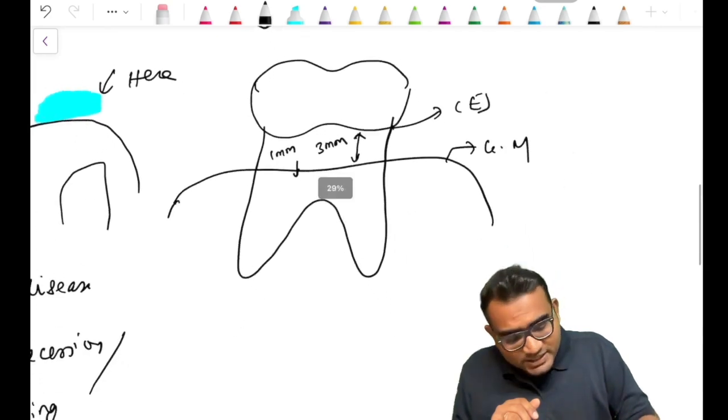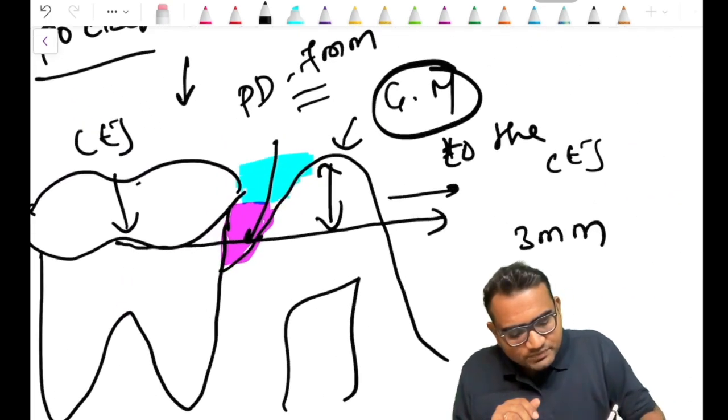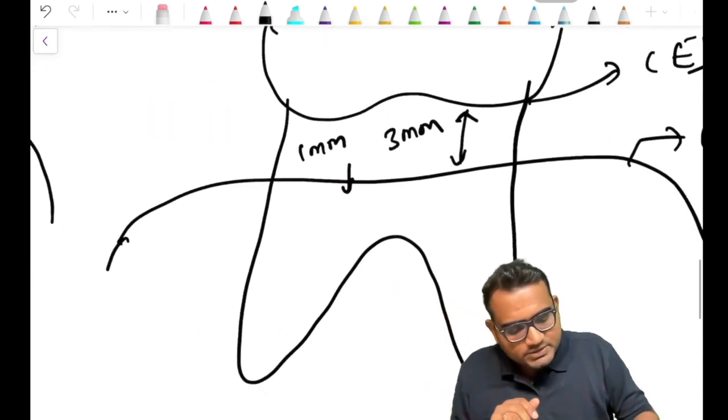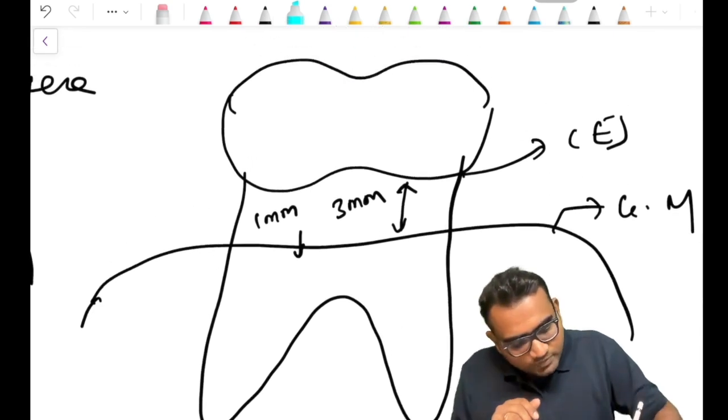So in these patients, if you look at the first scenario, I just need the value of the violet or this pink structure, this one, right? But here, in case of gingival recession, I need the value from here to the probing depth, isn't it?